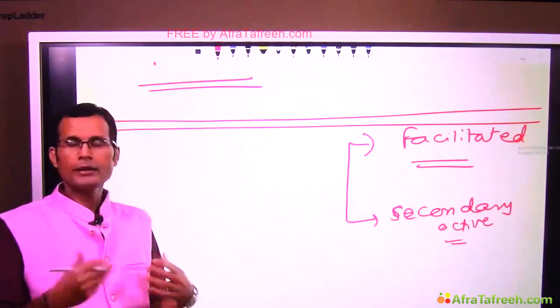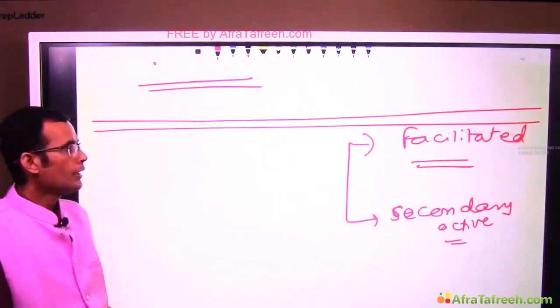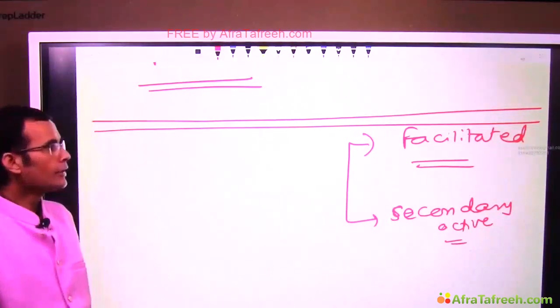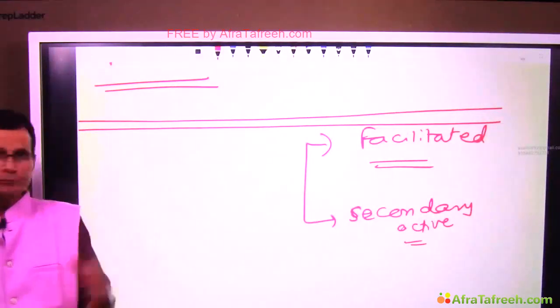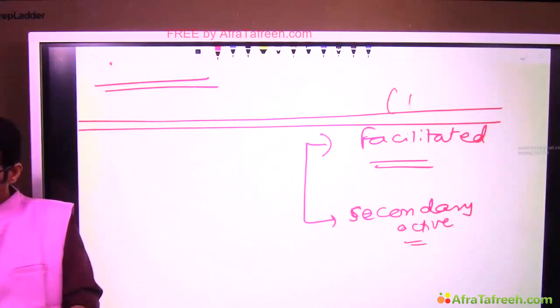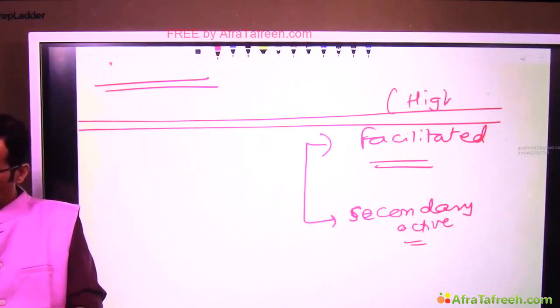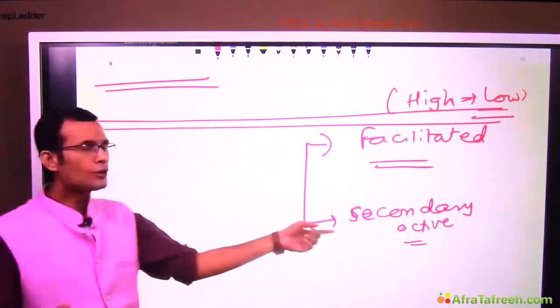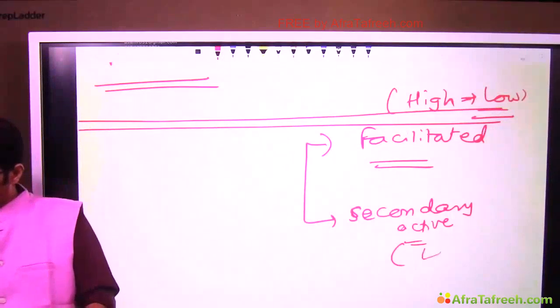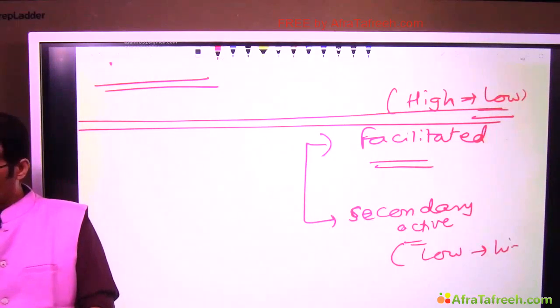Both are carried out by the carrier. And I had also mentioned that in the case of facilitated diffusion, the substance always goes from high to low concentration. I mean, net diffusion occurs from high to low concentration. In the case of secondary active transport, it goes from low to high concentration.